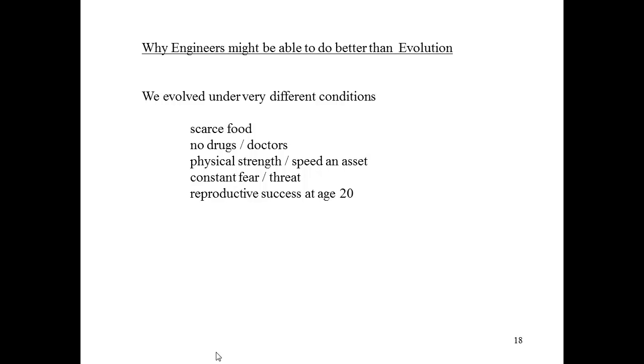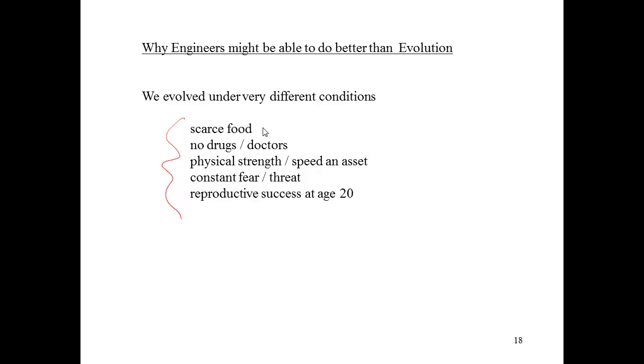We also discussed a little bit why we might be able to make improvements in humans by doing engineering, even though evolution has had many millennia to achieve the present state of human evolution. And one of the main reasons is we have evolved under very different conditions. It's only in the last 100 years or so where the situations for reproductive success for humans has changed significantly.